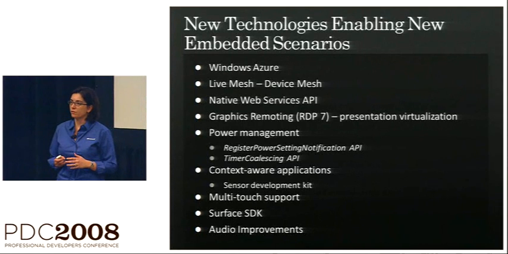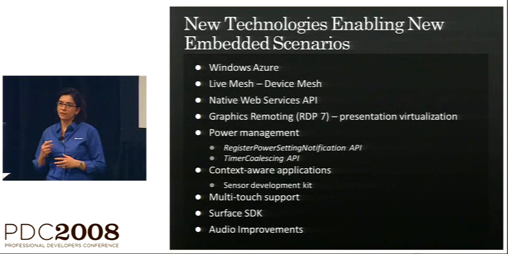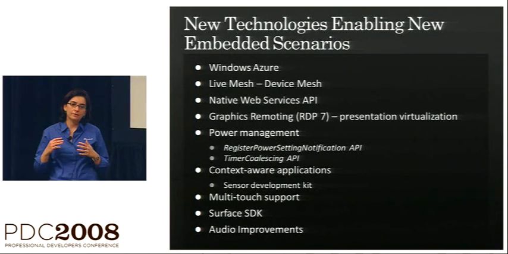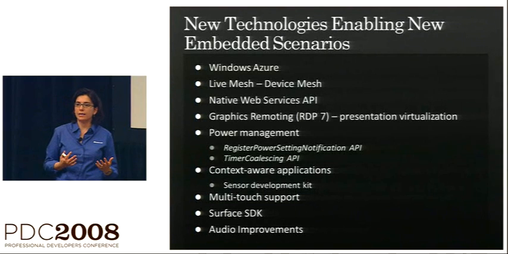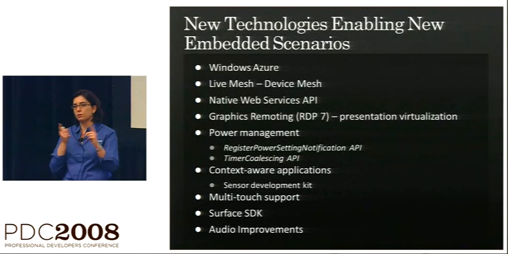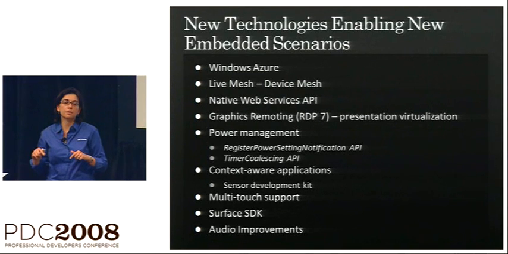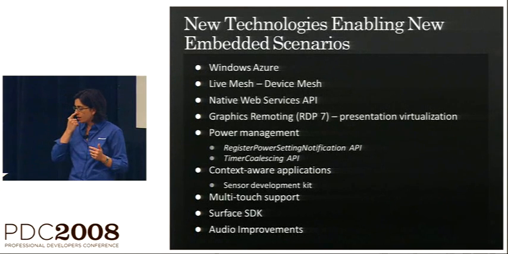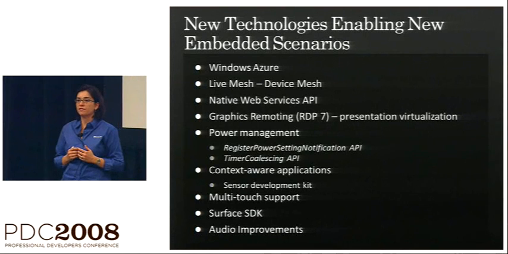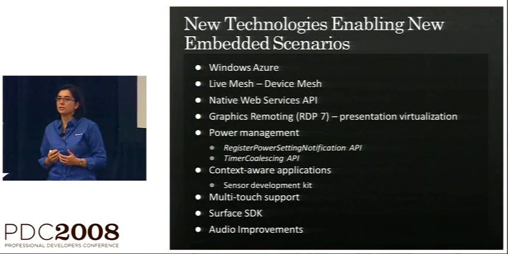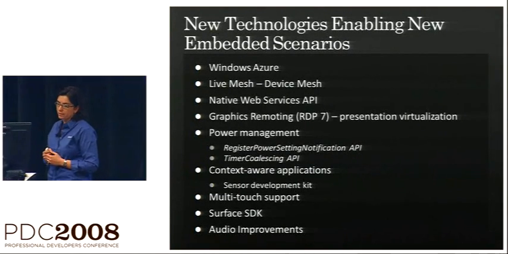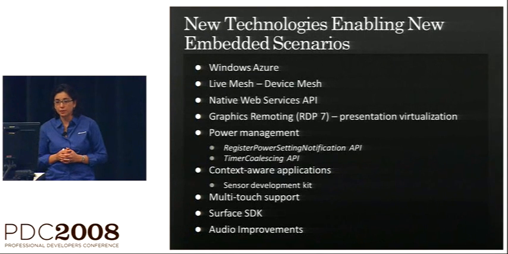Now, with older versions of RDP, this experience was not very seamless. The media streaming had some issues. There was no two-way media streaming, and overall the virtualization experience was not exactly like desktop, especially when it came to glass and things like that. So with RDP7, a lot of these problems have been fixed, and basically a new experience is possible in terms of graphics remoting.